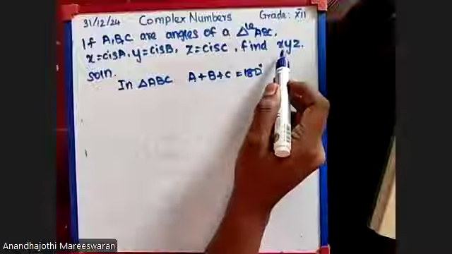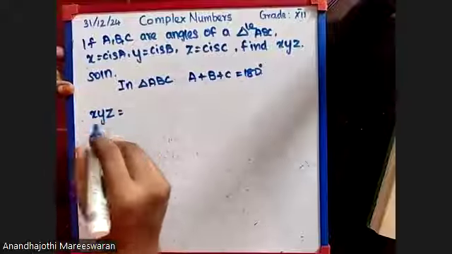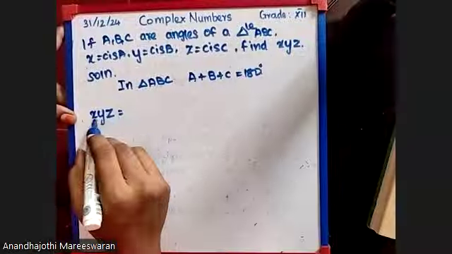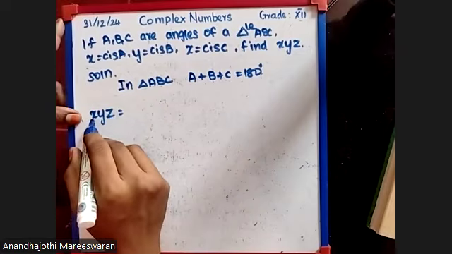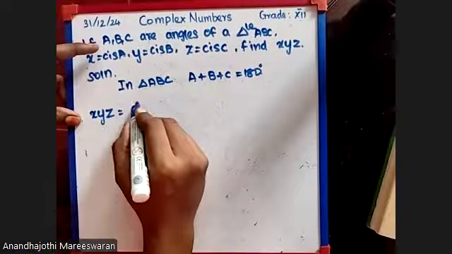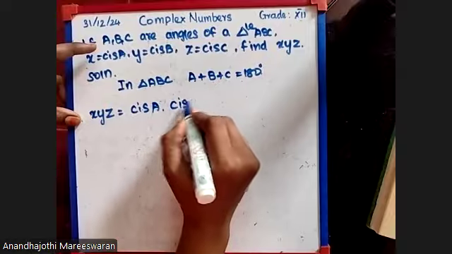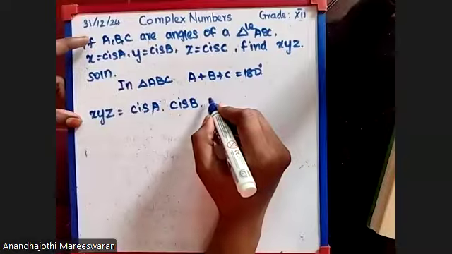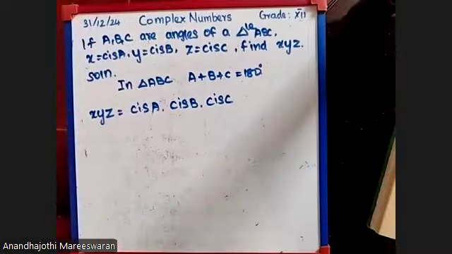So what we are going to find is xyz. We are going to multiply these x, y and z values: x is cis A, multiplied by y, which is cis B, and multiplied by z, which is cis C.